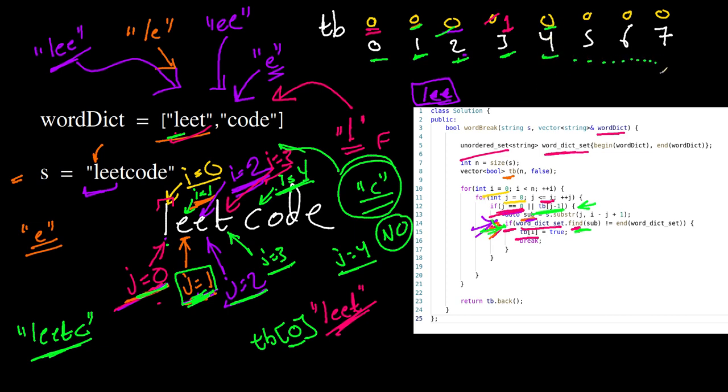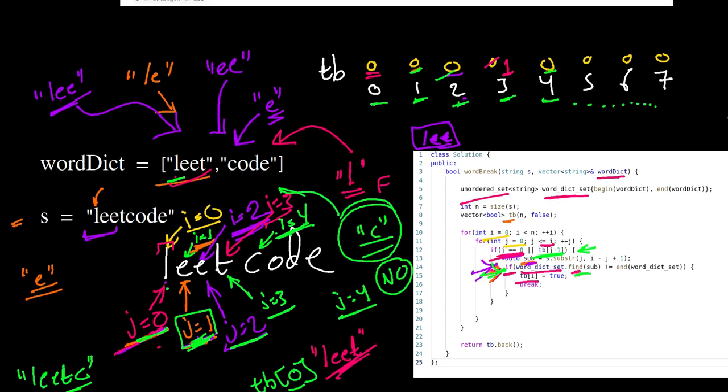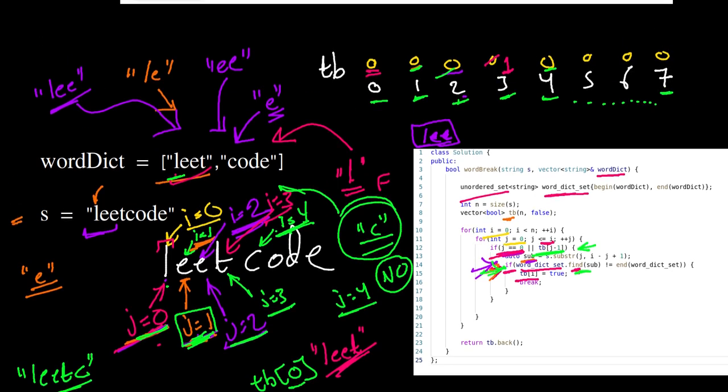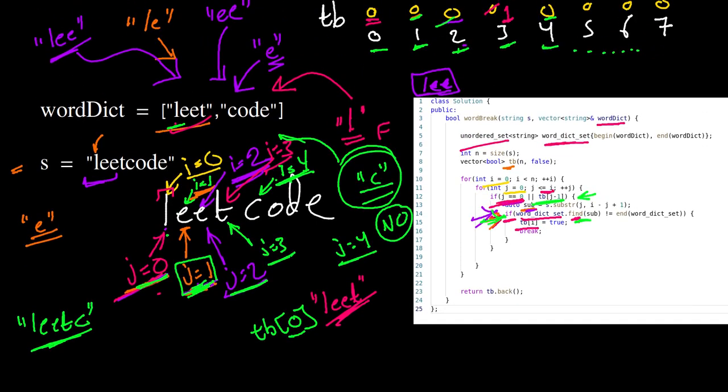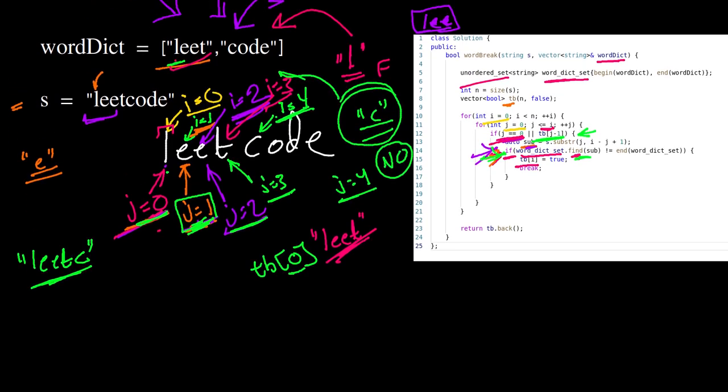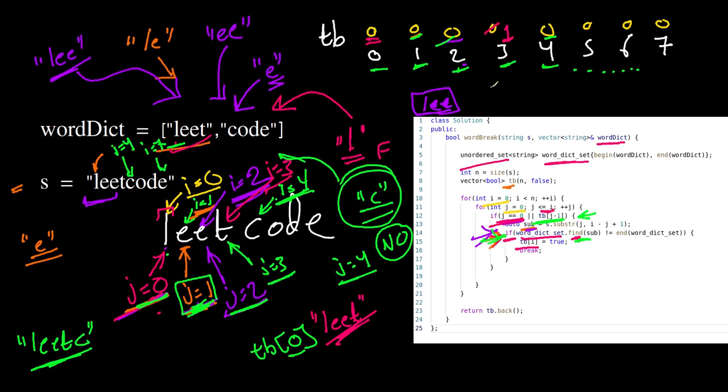And we continue until 7, and for i equal 7 it will be true, because when j equal 4, tb of 3 is true, and the substring from j to i is code, which exists in the dictionary.